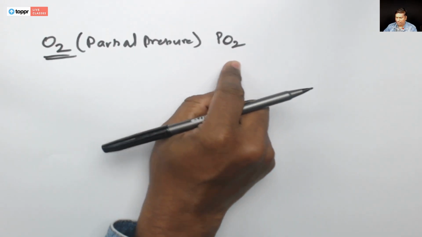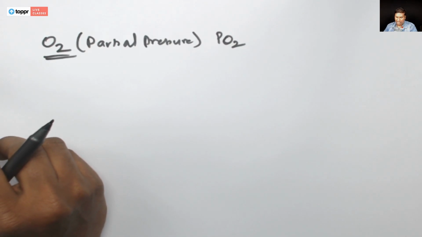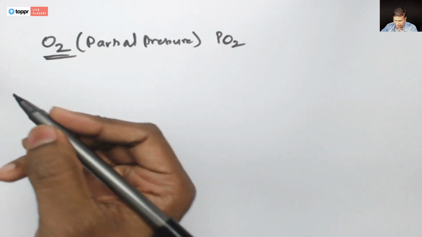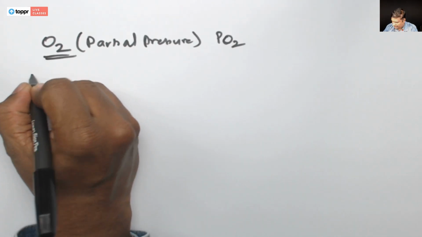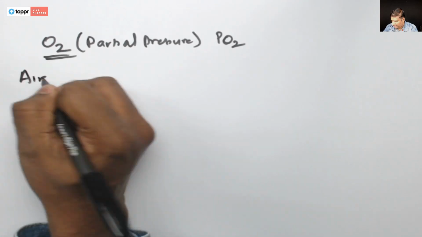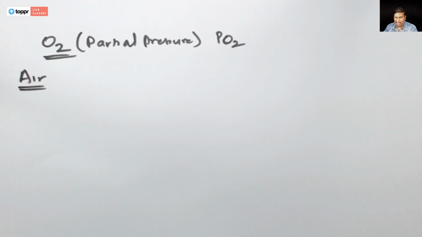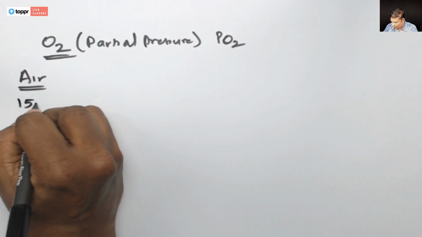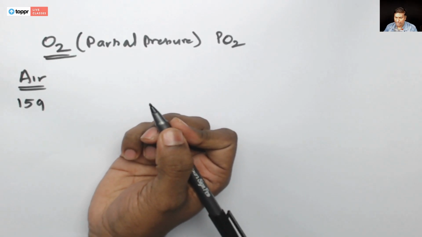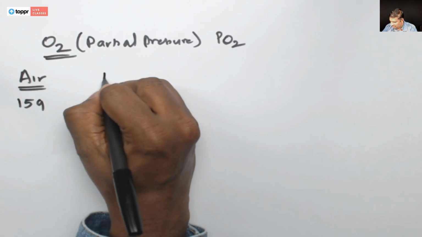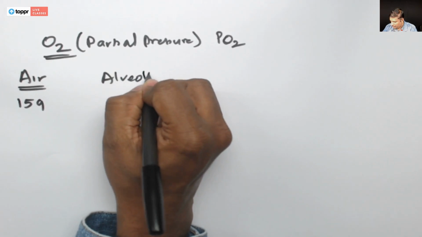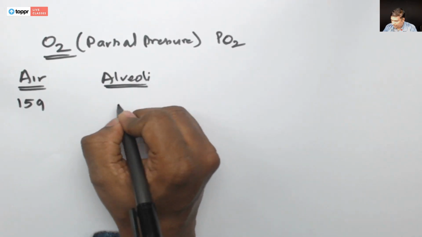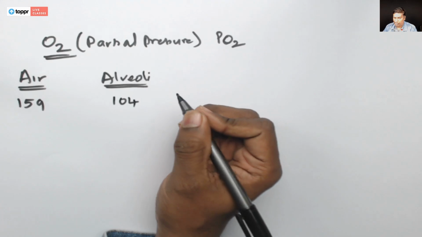Okay, this is partial pressure of oxygen. Now, if you look at the partial pressure of oxygen in the atmospheric air, okay, that we are taking in, it is 159 mm of Hg. Okay, and by the time it reaches alveoli, the pressure is 104 mm of Hg.